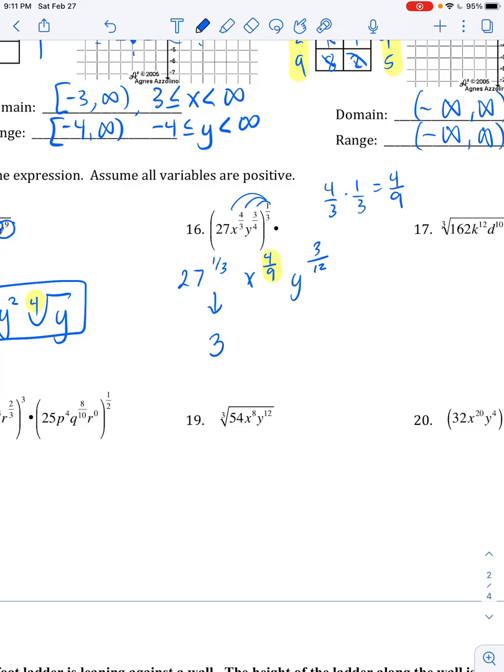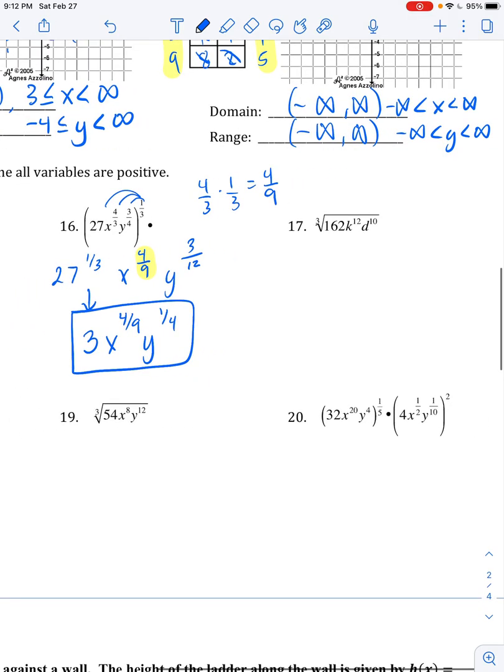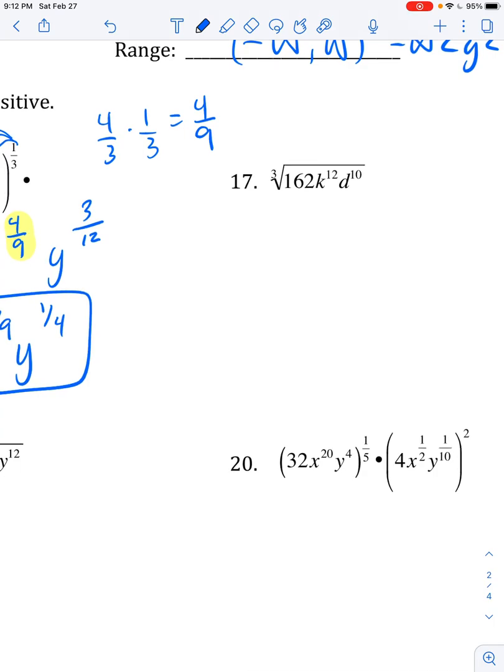The cube root of 27 is 3. X to the 4/9 does not reduce, so I leave that. And then y to the 3/12 can reduce to a 1/4 power. And I want my answer to be in fraction powers if my question was in fraction powers. So like this one, starting off as a radical sign, I'll want my answer as a radical sign as well.